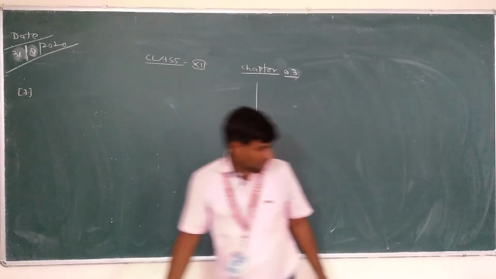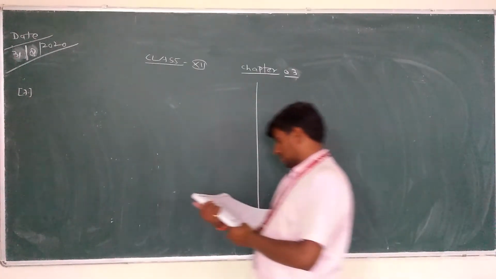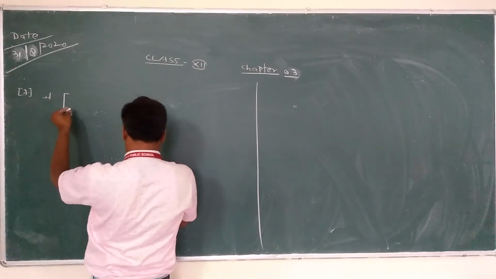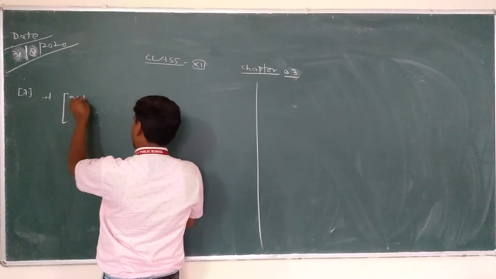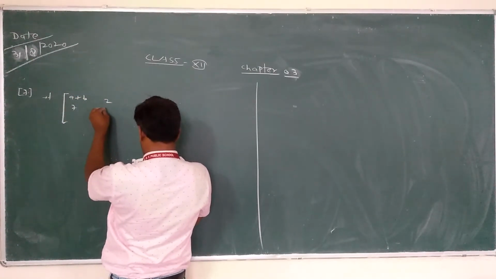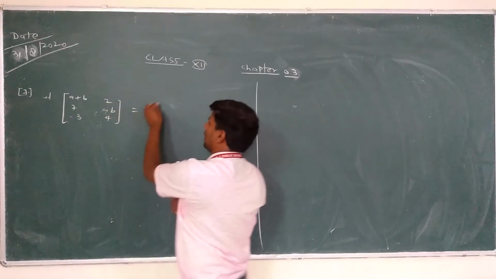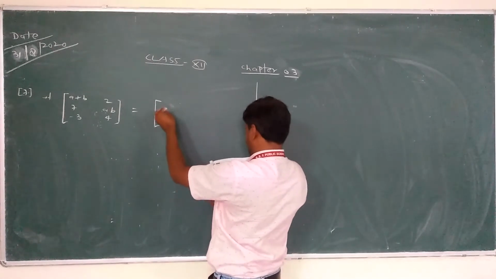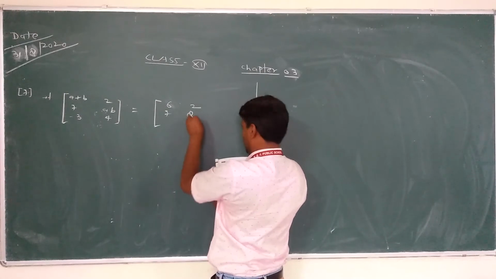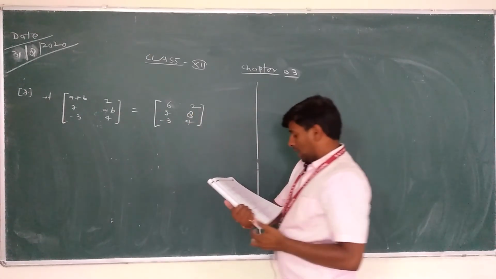See, question number 7 is given. Matrices are given: a plus b, 7, a minus 3 and 4 equal to another matrix given: 6, 2, 7, 8 minus 3 and 4.